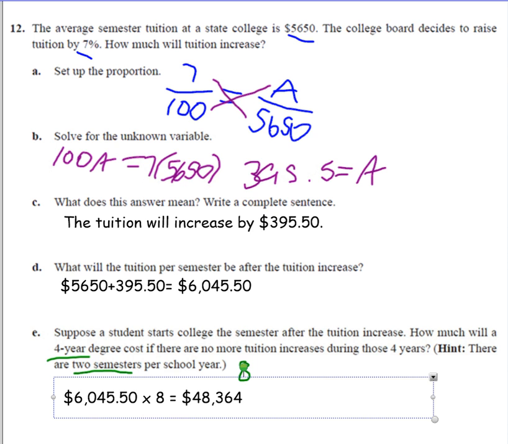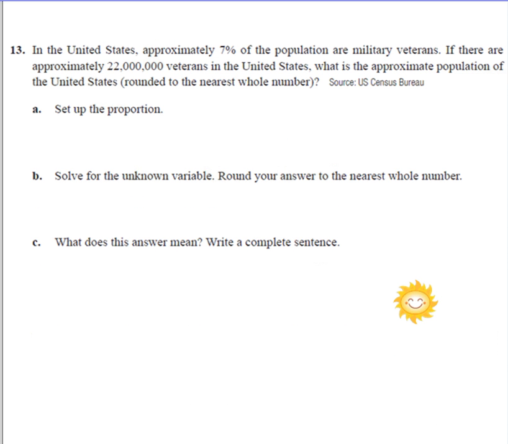Let's take a look at one final story problem together. In the United States, approximately 7% of the population are military veterans. If there are approximately 22 million veterans in the United States, what is the approximate population of the United States? Again, rounding to the nearest whole number since we're dealing with people.